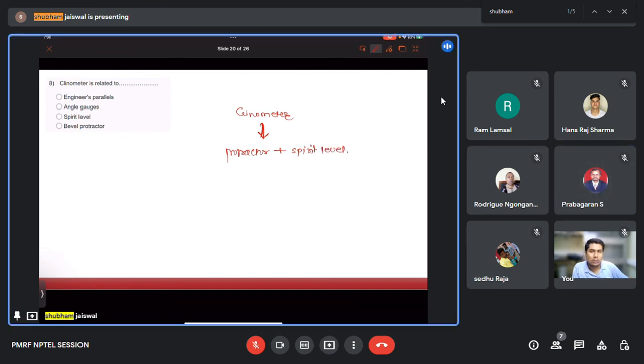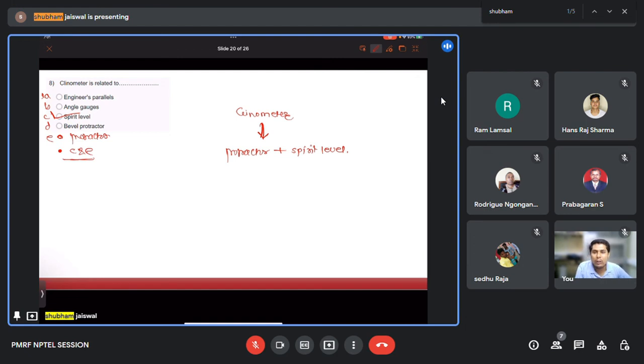So suppose in this question, if I add one more option like protractor, and this is A, B, C, D, and E. So the correct answer will be C and E. That is the spirit level and protractor.